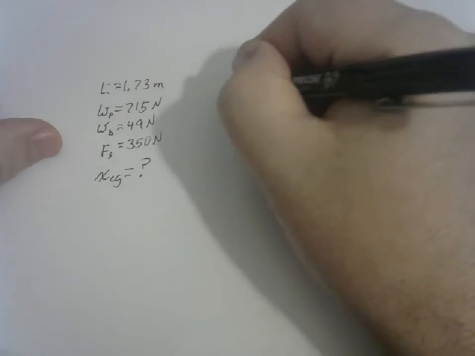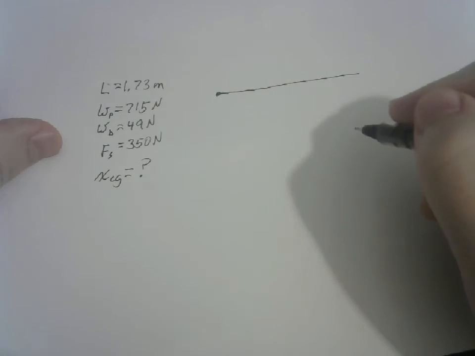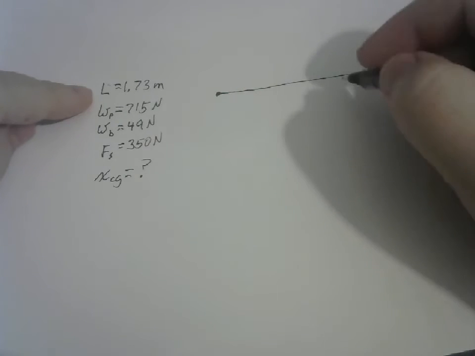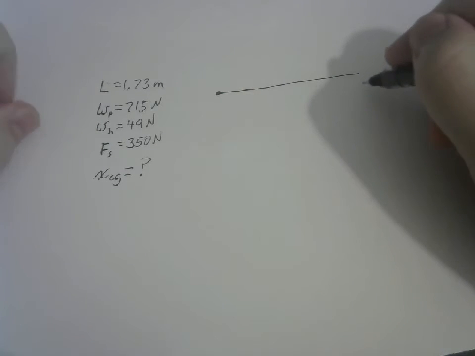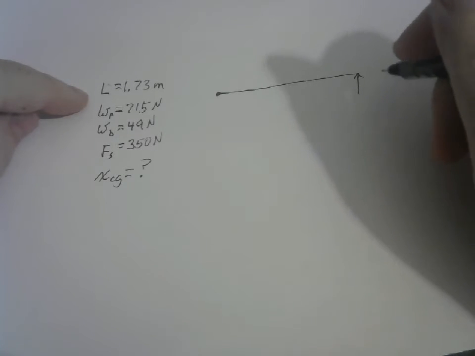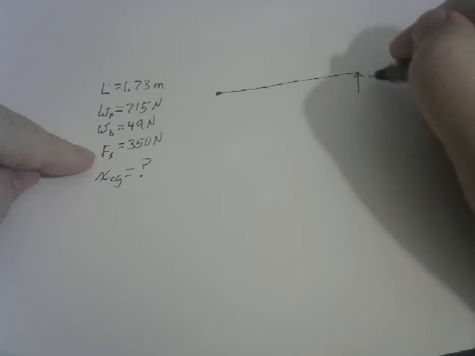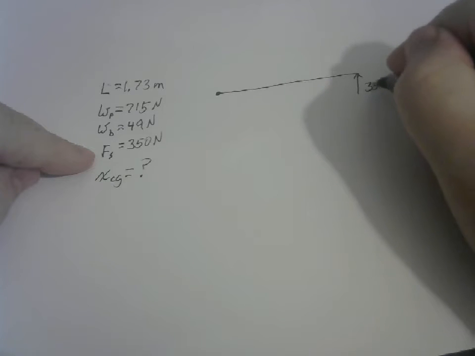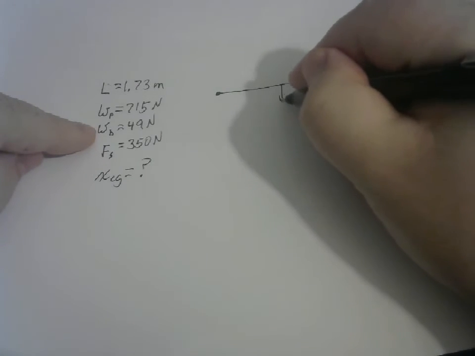All right, so we've got a fulcrum over here. Actually, I'm not sure if that's the best place for the fulcrum. We should decide where to put the fulcrum after we draw the forces. The force of the scale is 350 newtons. The weight of the board is 49 newtons.